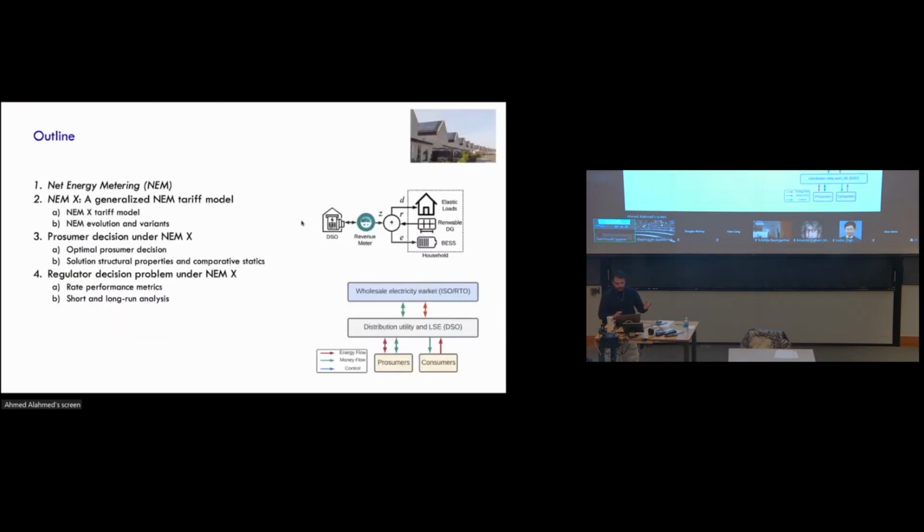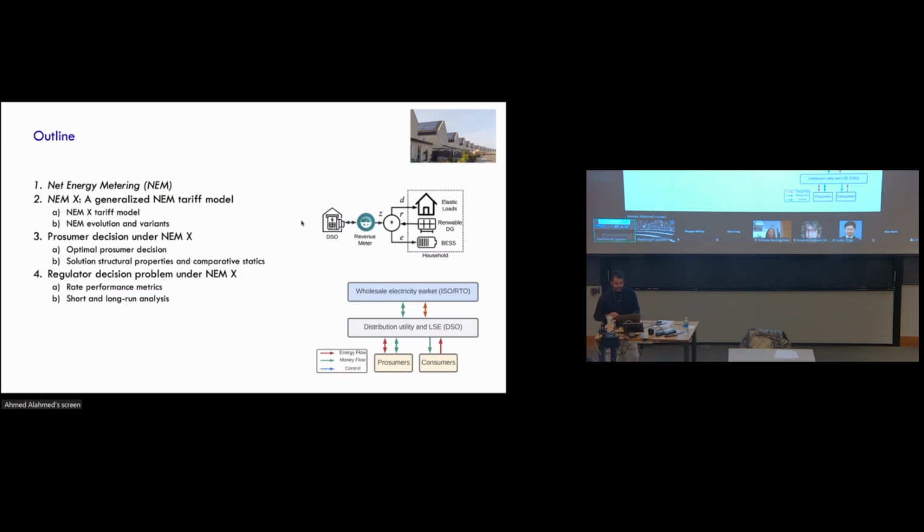Okay, so the outline of my talk is I'm going to explain this net energy metering policy or tariff design, and then I'm going to introduce net metering X, which is a generalized net metering tariff model that captures all of the variations of net metering policy. Then I'm going to leverage this net metering X tariff design in the decision problem of a household.